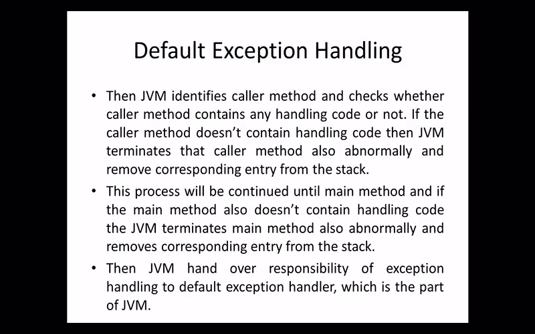This process will continue until the main method, and if the main method also doesn't contain handling code, then JVM terminates the main method also abnormally and removes the corresponding entry from the stack. Then JVM hands over the responsibility of exception handling to the default exception handler, which is also part of the JVM.